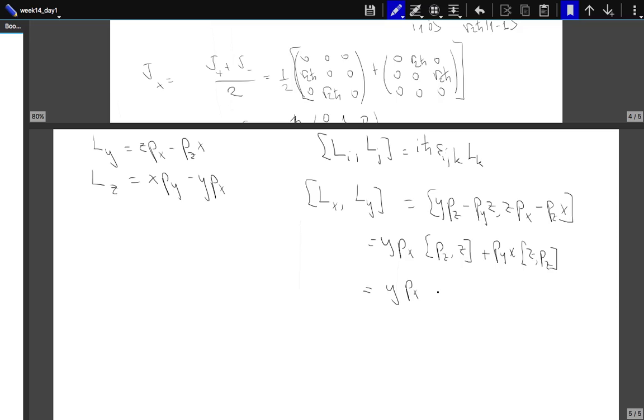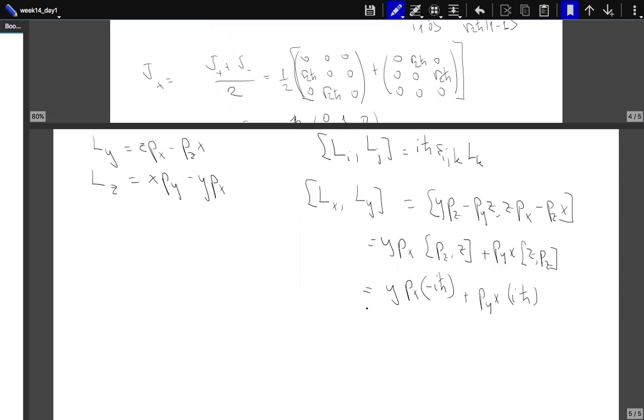What is the commutator of pz and z? This one. Minus iħ.